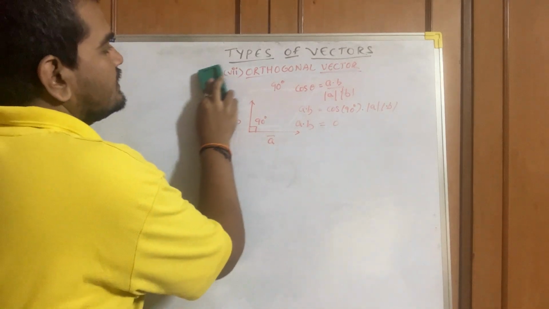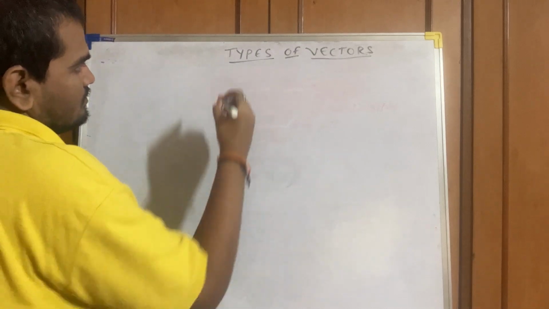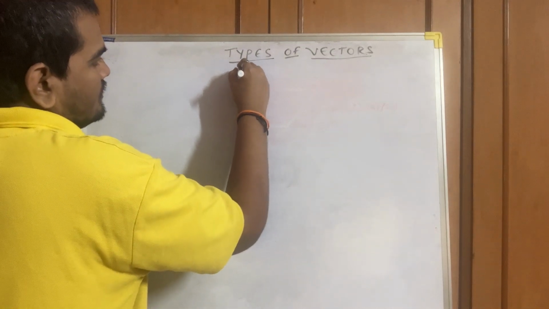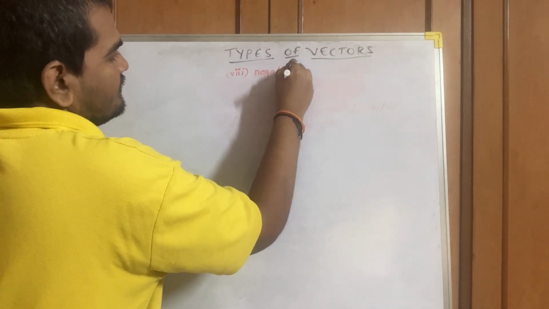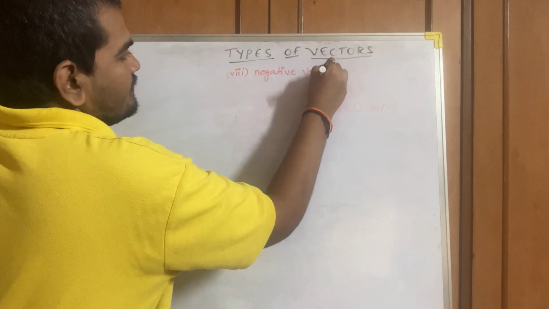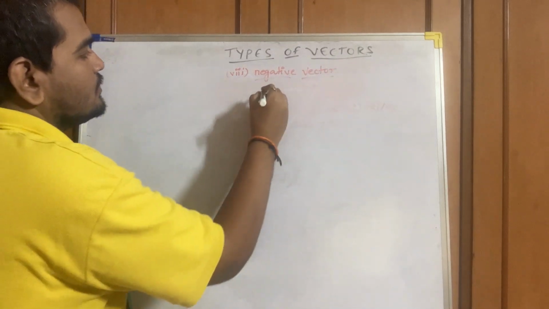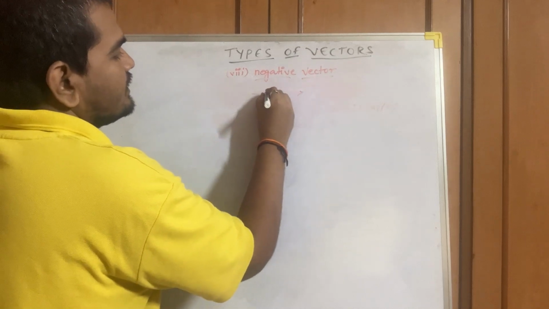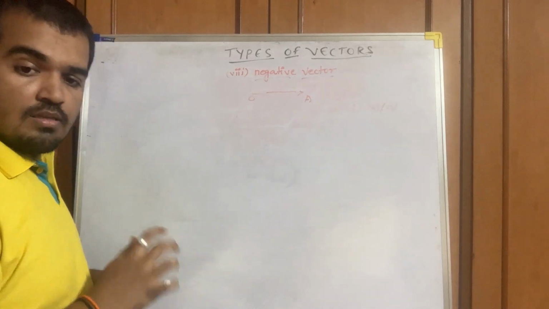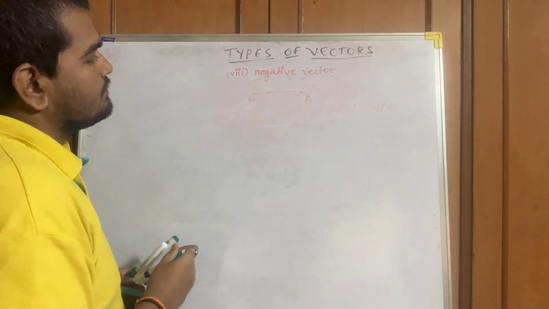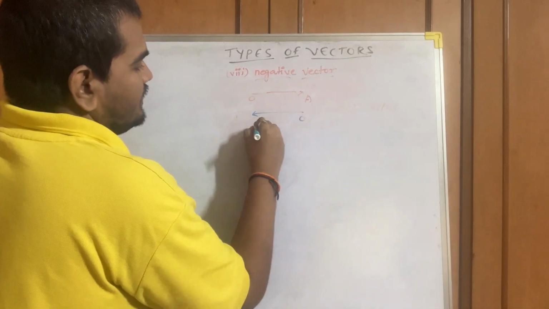Now the next one, negative vector. Suppose I have a vector OA and I have a vector OB.